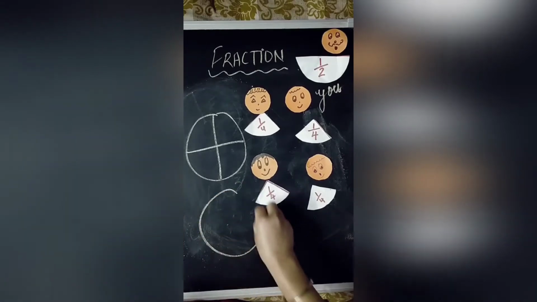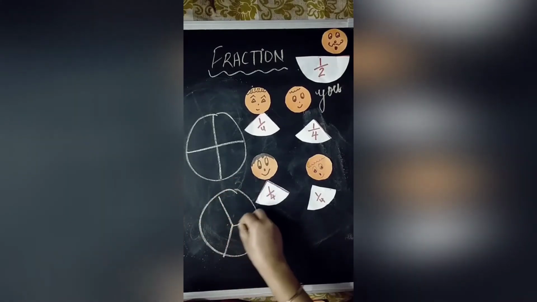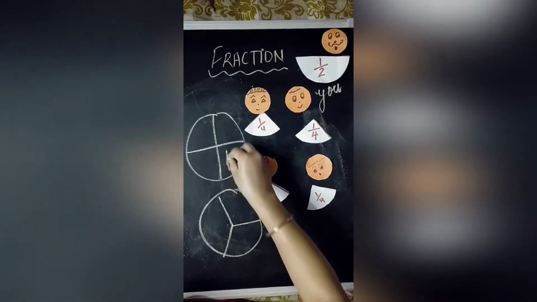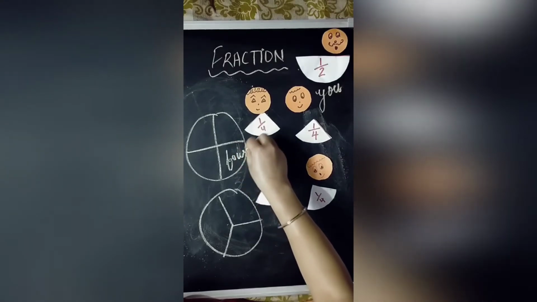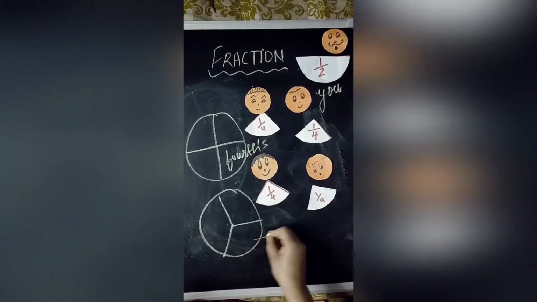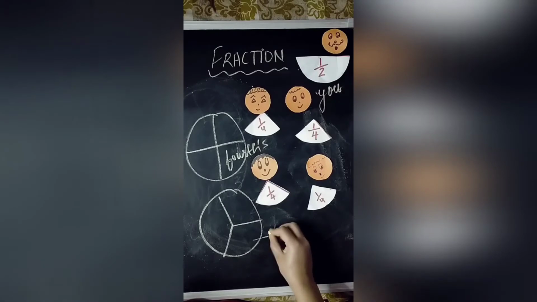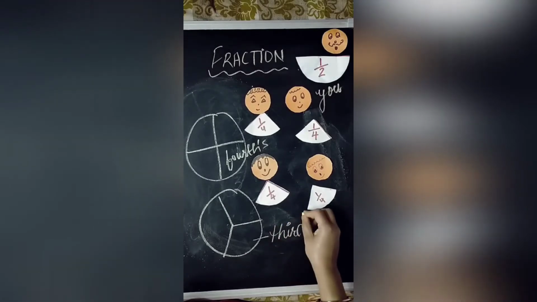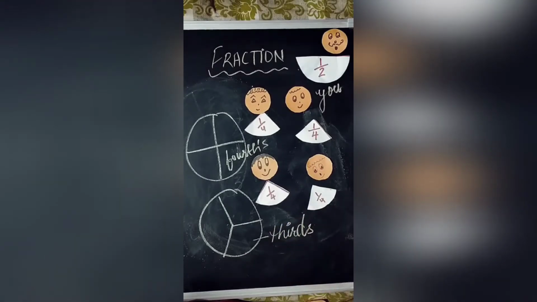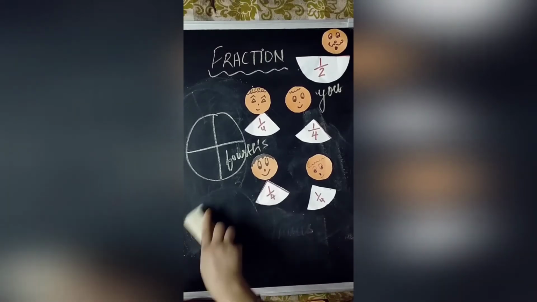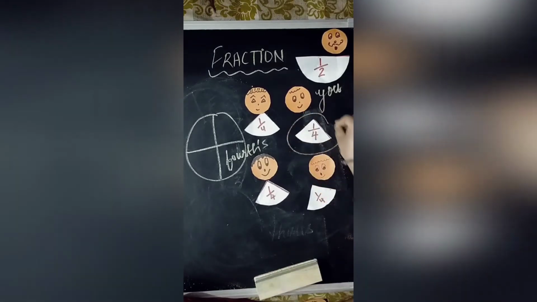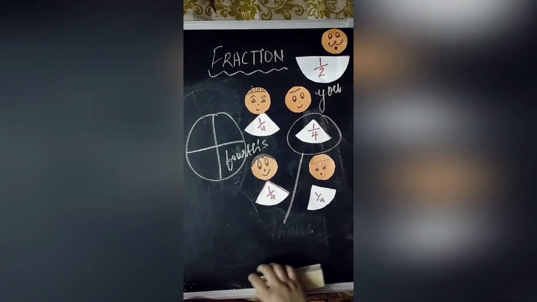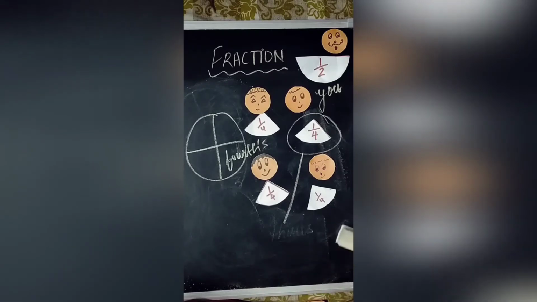If we have made 3 parts, we say thirds. Here we have made fourths of this pizza, and here we have made thirds. This piece size is read as, how much is he getting?